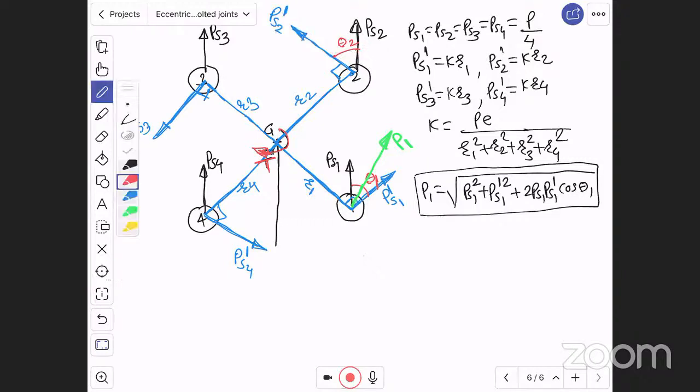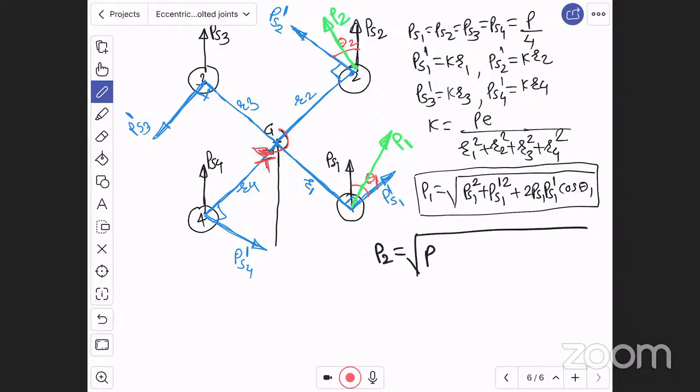Therefore there will be a resultant of these two acting in between these two, that is P2, and this P2 is given as P2 is equal to under root of PS2 square plus PS2 dash square plus twice PS2 PS2 dash cos of the angle between them, that is cos theta 2. This is how the resultant shear load is calculated on bolt number 2.